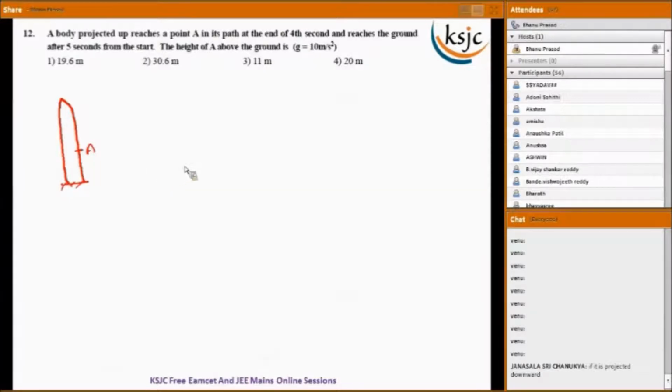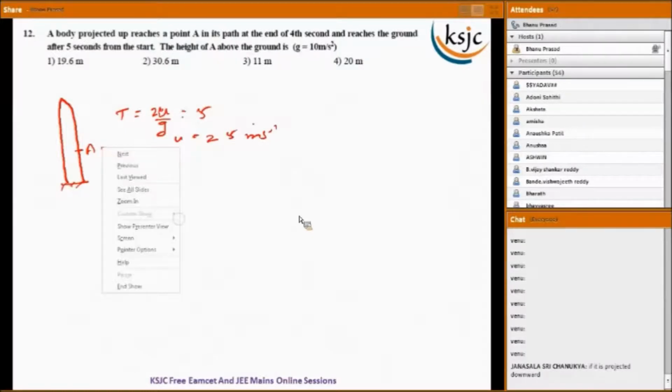So total time of flight will be 2u by g, which is given to you as 5, and u value comes out to be 25 meters per second. Once you get the value of u, from here to here, this is the last 1 second.